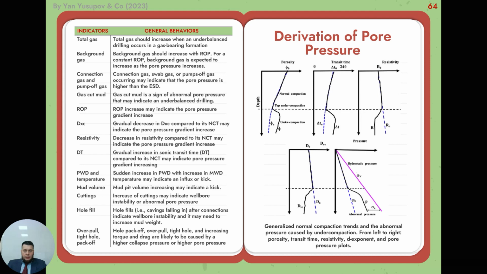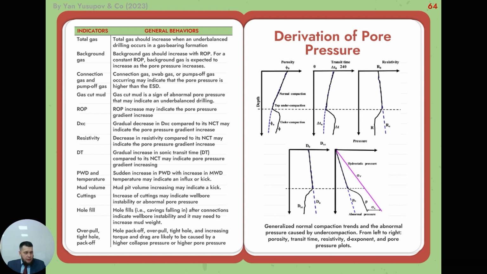Okay, let's look at the derivation of pore pressure and make conclusions about what we discussed earlier. The main indicators of changing pore pressure in a cross section are porosity, sonic, P-wave velocities, resistivity, the d exponent, and density.